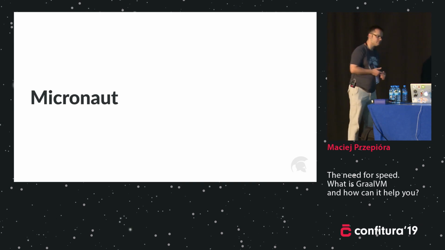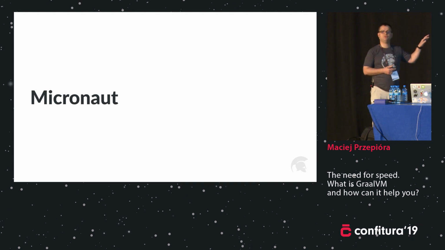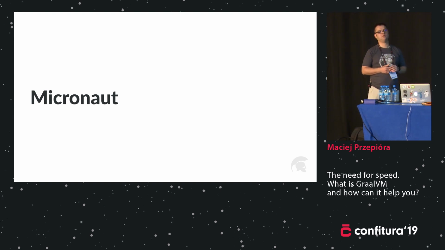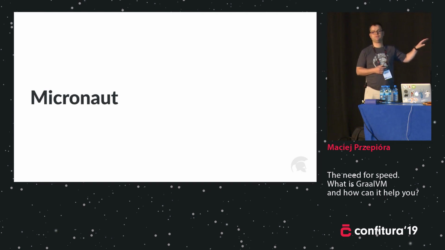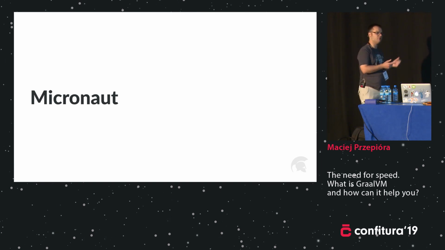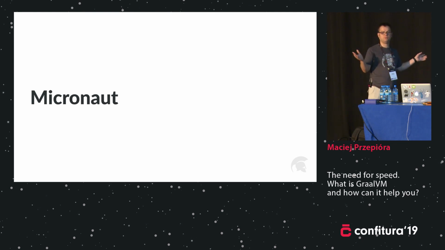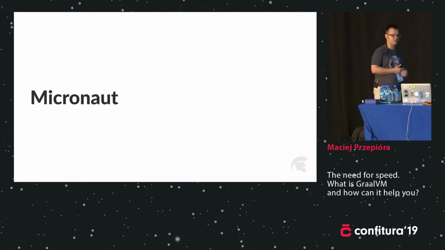Right? So I would really recommend looking at this one as well because it has native image support baked in, right? It also has things like Docker support, so you create a new project with their tool, and you've got all batteries included.